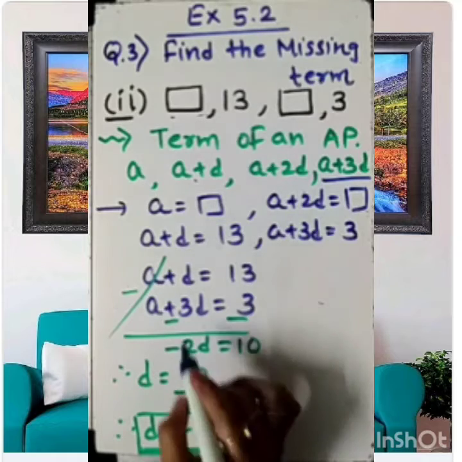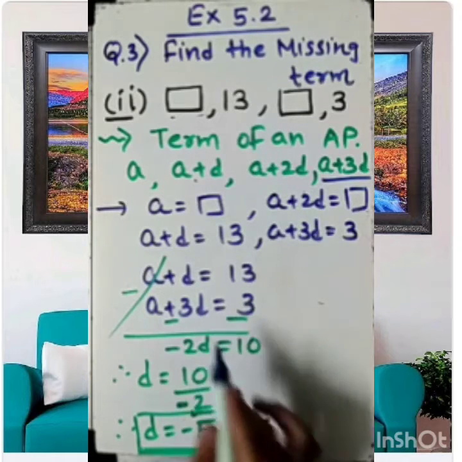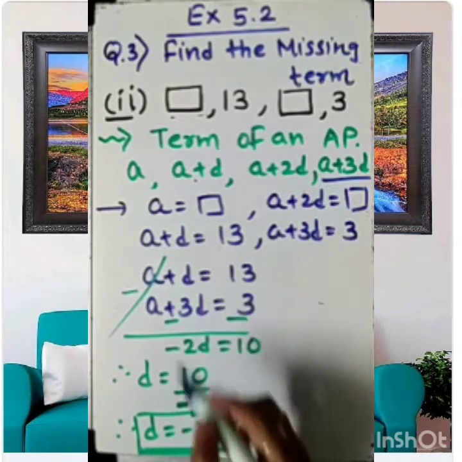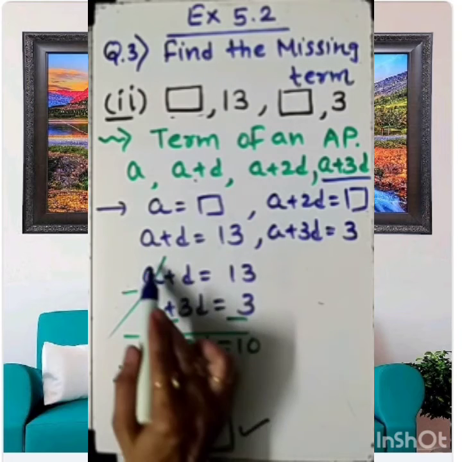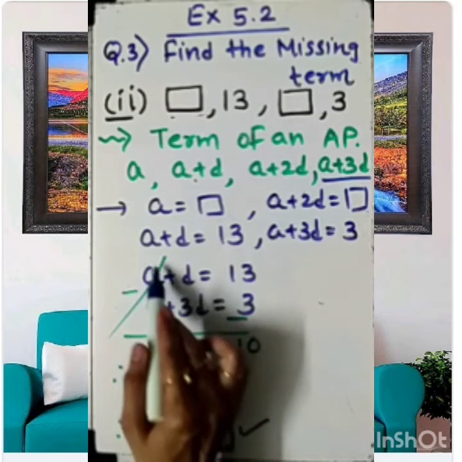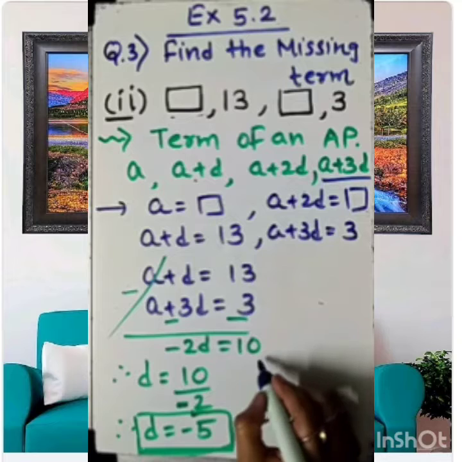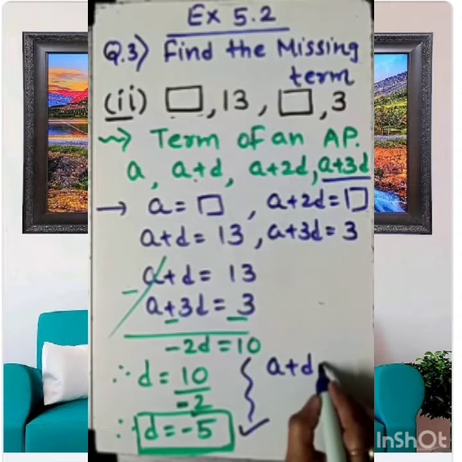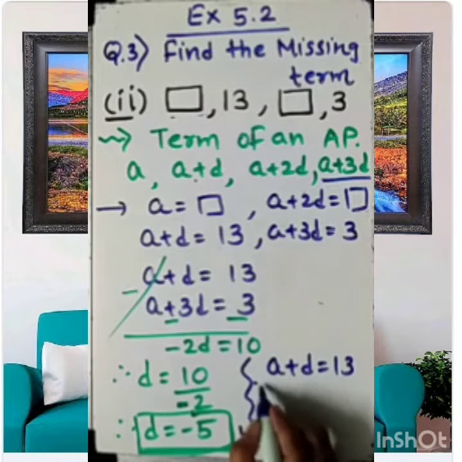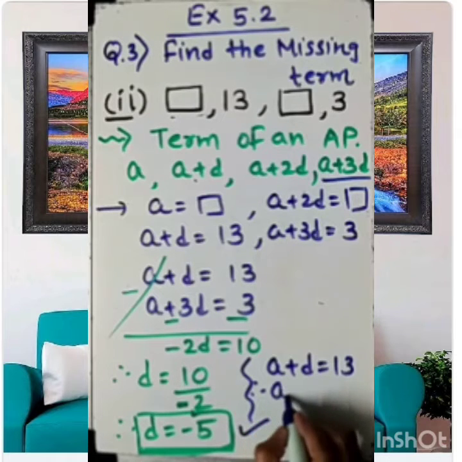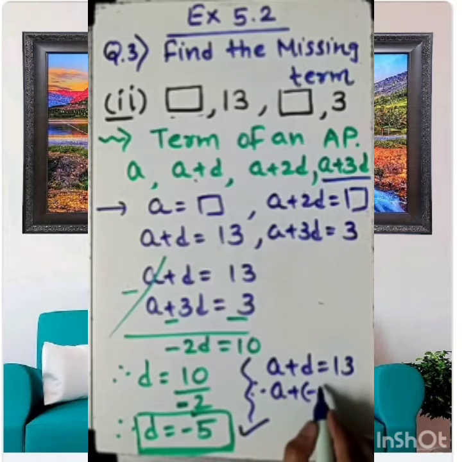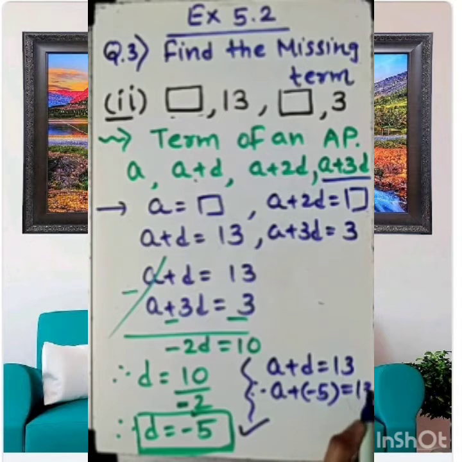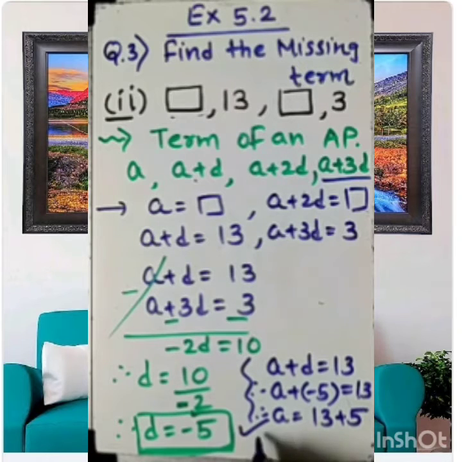Now, one more thing to keep in mind: if we substitute the value of minus 5 in place of d in any of these equations, then I will be able to get the value of a. So let me use the equation a plus d equal to 13. In that I am substituting the value of d, minus 5. So, my dear student, a equals 13, and this minus 5 moves to that side as plus 5.